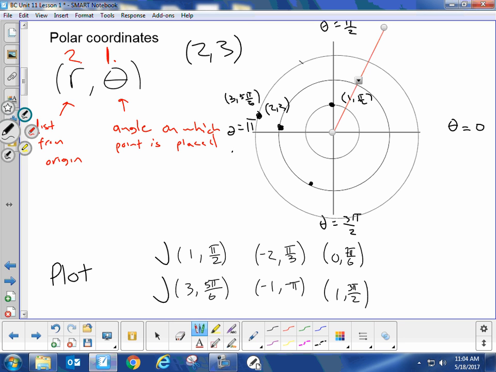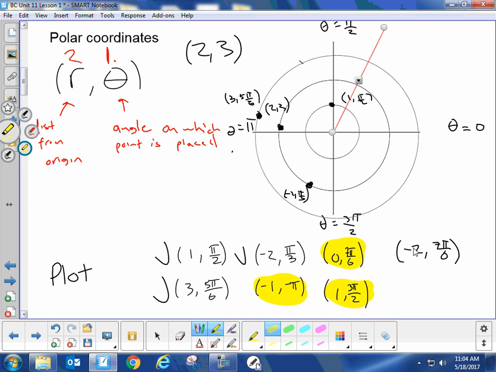Incredible how you already have that down on your piece of paper. That's good. Okay, so I got that. You guys do these 4. I'm going to throw up another one. Go.